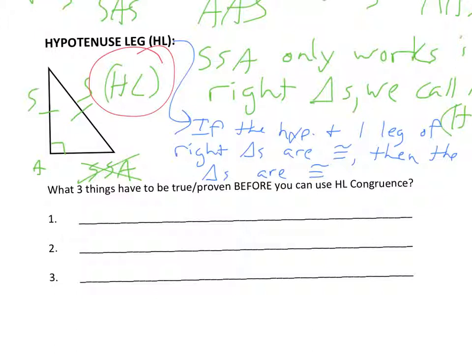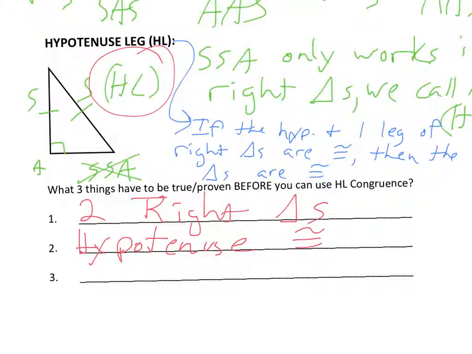So what 3 things have to be true before you can use the HL congruence? Well, you need 2 right triangles. The hypotenuse has to be congruent, and one leg has to be congruent.